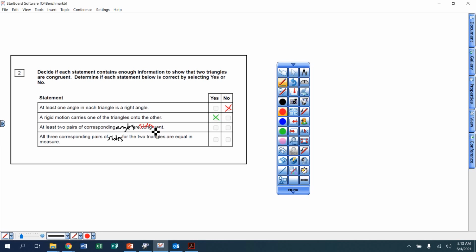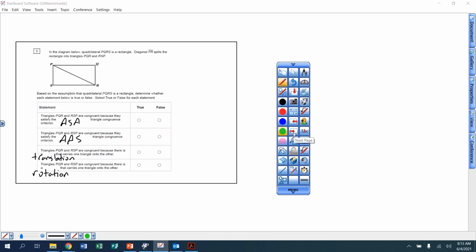For this one, either one, not giving you enough info, always no. And then for this one, if it's sides, that's good. But just know, if they didn't have sides there and instead had the word angle, then that would be no. For this one, looking at it, it says sides. Yay, sides, always good. Side, side, side. Enough information. That one's always cool.